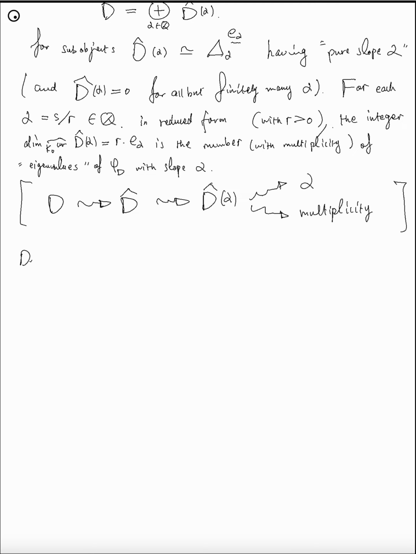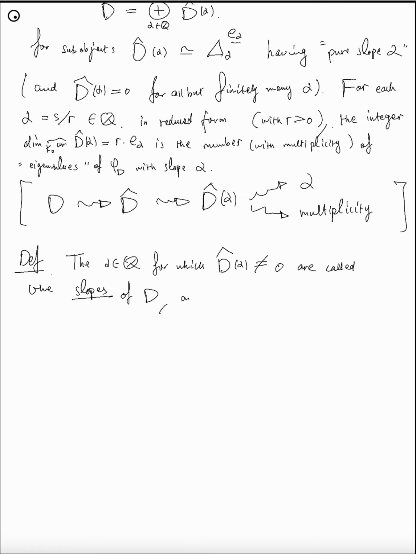Definition. The rational numbers alpha for which, in the decomposition, the D hat alpha is not 0, so there are finitely many, are called the slopes of D. And that dimension we have just mentioned is called the multiplicity of this slope.